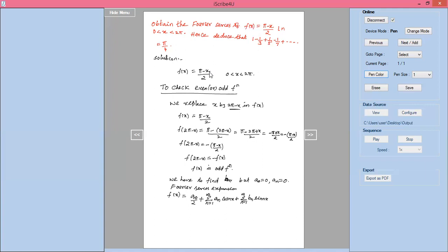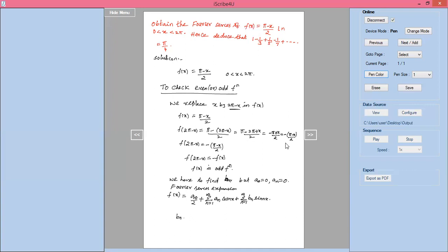This is the Fourier series formula. But here I don't want a naught and a n, only b n I want to find. Already I have written these formulas in previous classes. Whenever it is an even function or odd function, I will find only the required coefficient, here b n.